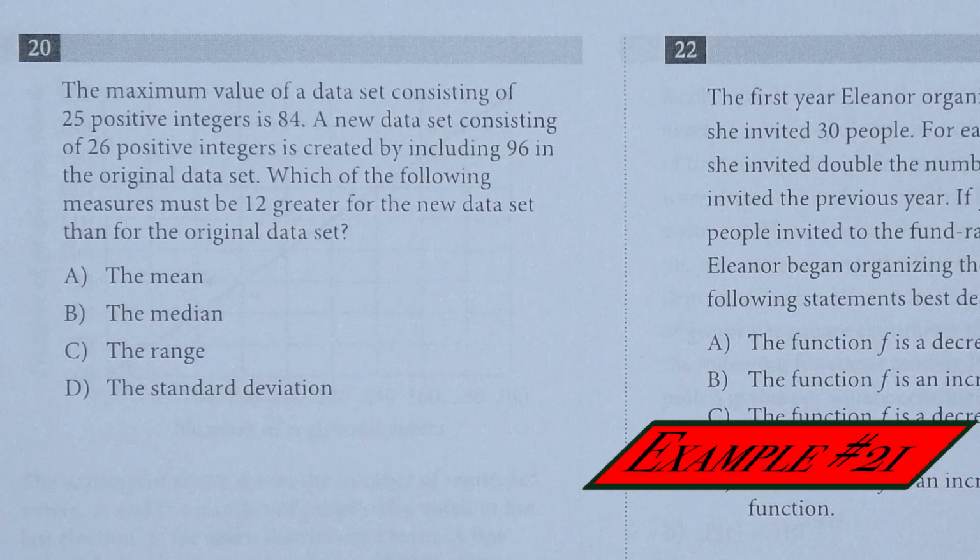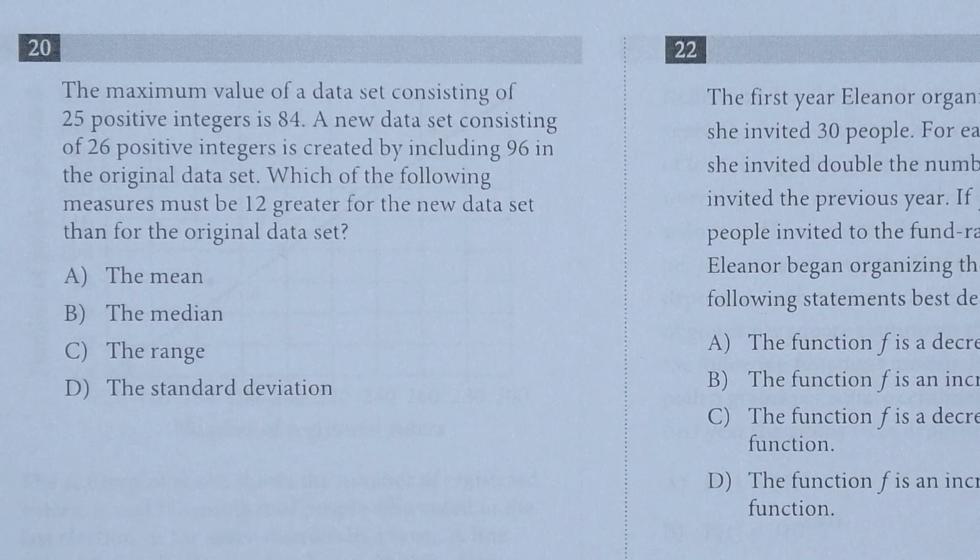The maximum value of a data set consisting of 25 positive integers is 84. A new data set consisting of 26 positive integers is created by including 96 in the original data set. Which of the following measures must be 12 greater in the new data set than the original data set?